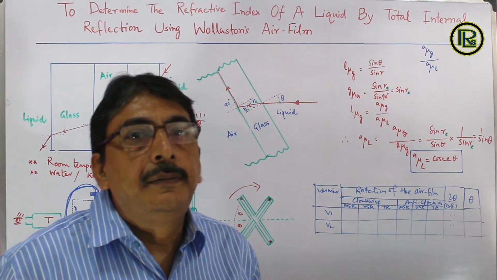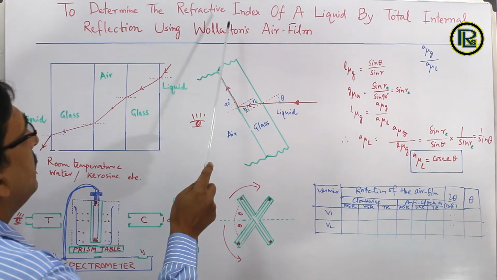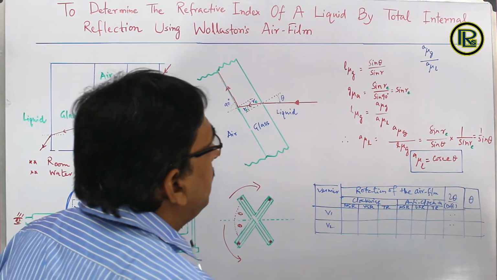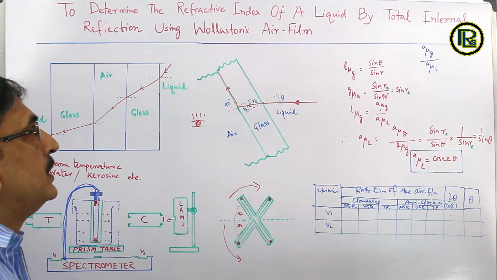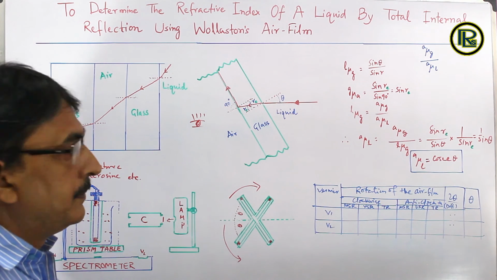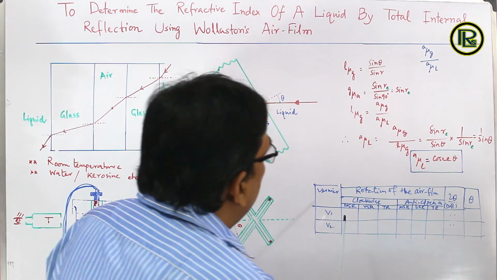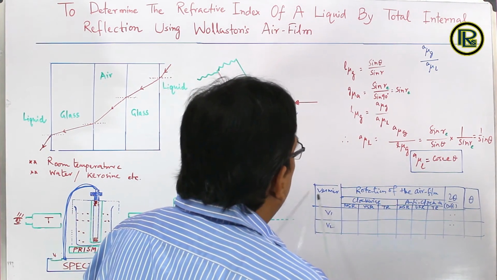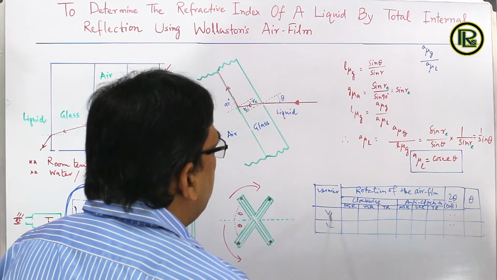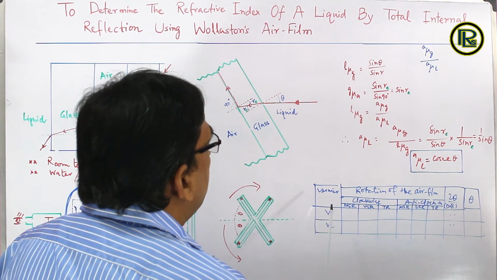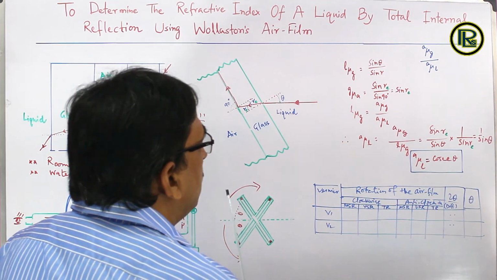So I have given you the demonstration of how to determine the refractive index of a liquid by total internal reflection using Wollaston's air film. The reading table for our experiment is the following. We have two verniers V1 and V2, and the rotation of the air film can be clockwise and anti-clockwise.